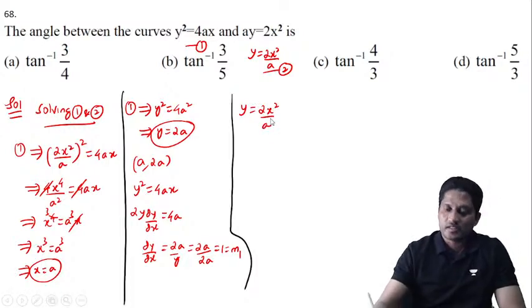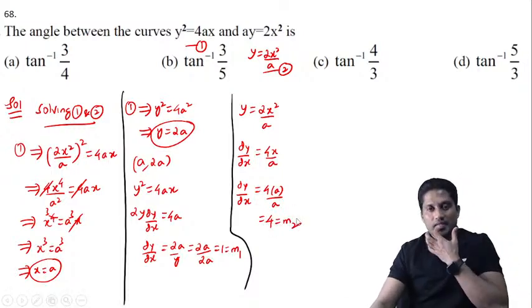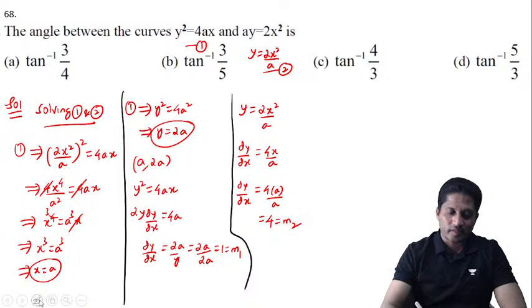If I differentiate this, dy by dx is equal to 4x by a. Now dy by dx at x is equal to a divided by a is 4. This is m2, right? Angle of intersection between the two curves.